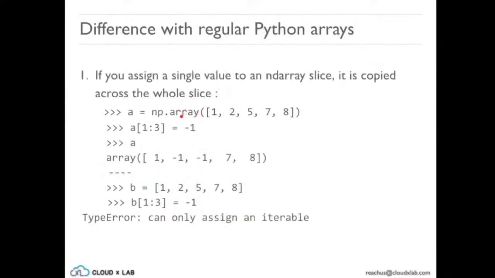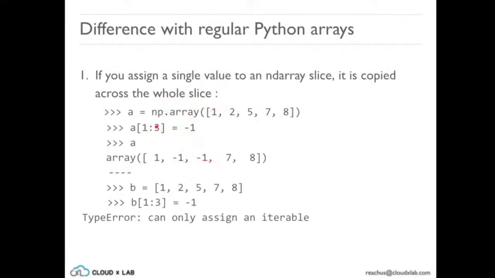Now, this is a difference between NumPy and a normal array. In NumPy, I can overwrite a certain slice completely. For example, I have A, a NumPy array, and if I say A[1:3] = -1, it will change.